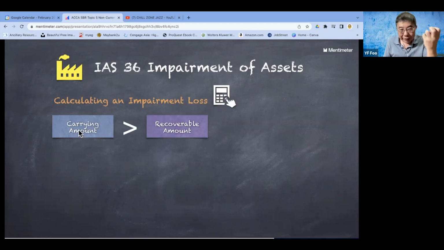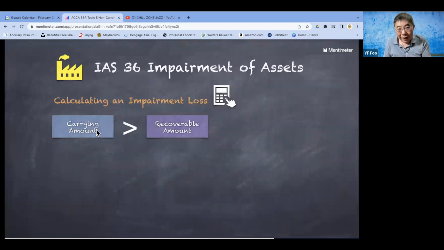We want to look at the carrying amount versus the recoverable amount. Remember, the carrying amount of an asset will be its cost, though not most of the time, it can be revalued, less accumulated depreciation or amortization. So that would be your carrying amount.